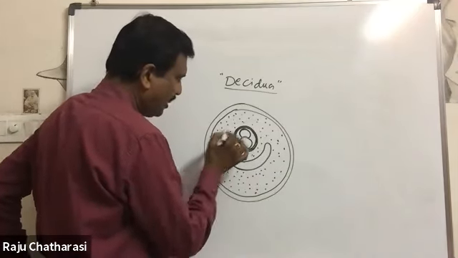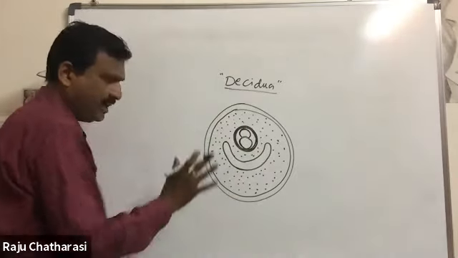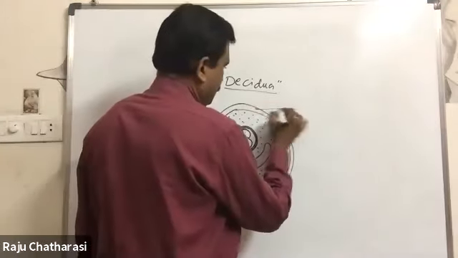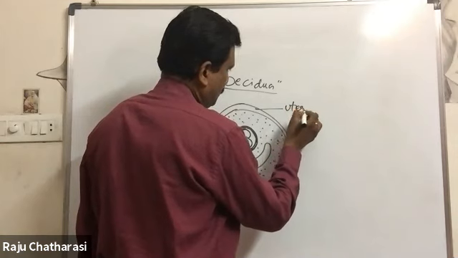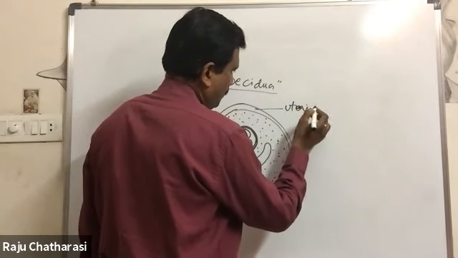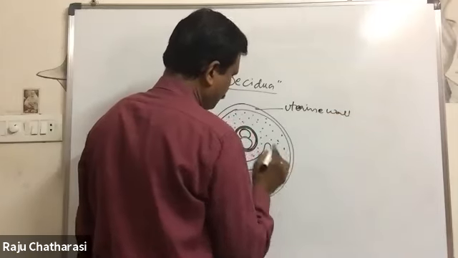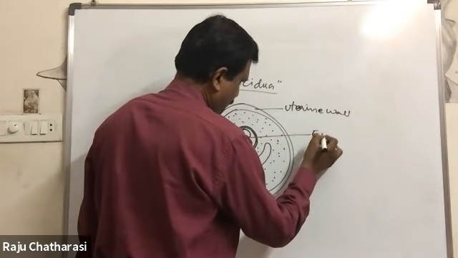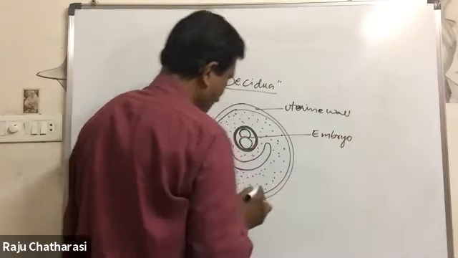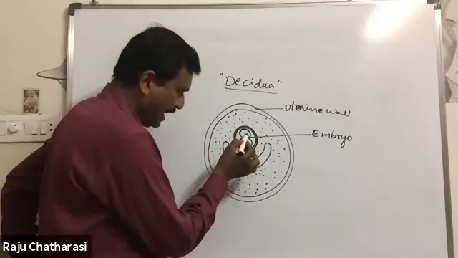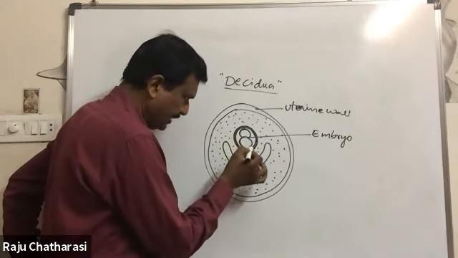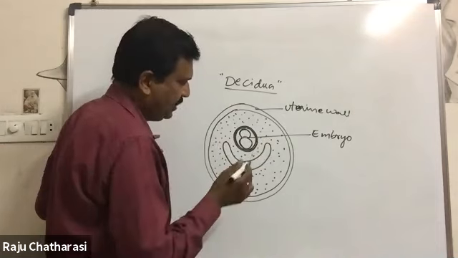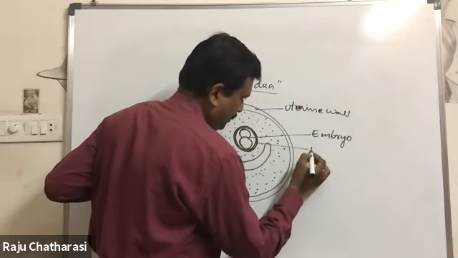Based on its location, decidua is divided into three regions, three zones. Here this is uterus or uterine wall. Next, here this is embryo. We will discuss later about this amnion and yolk sac. It is not the correct time to discuss these two parts. This is trophoblast.